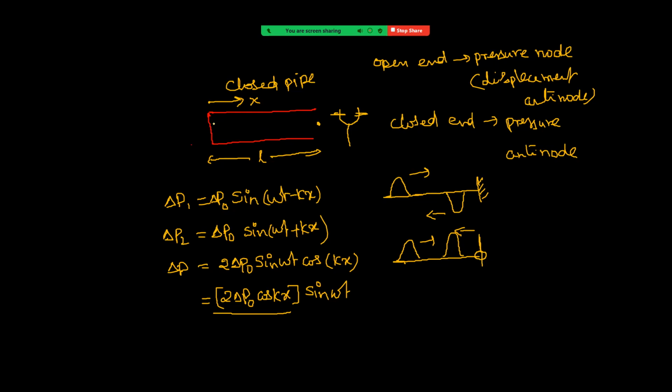If rarefaction, it comes back as rarefaction. So when sound reflects from the closed end, no phase change. When sound reflects from the open end, there is a phase change of pi. So these points we have to keep in mind.